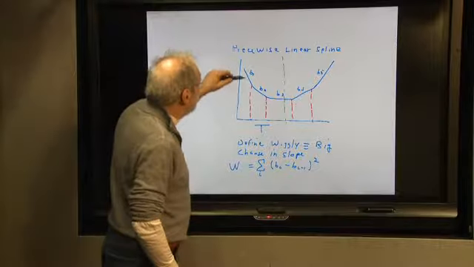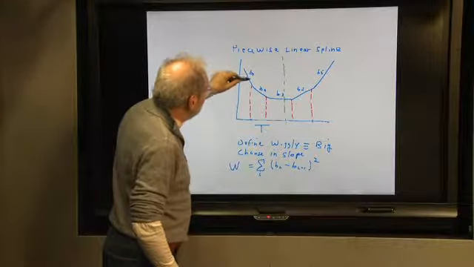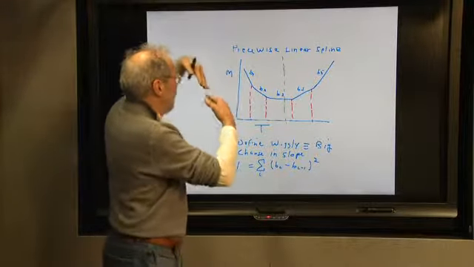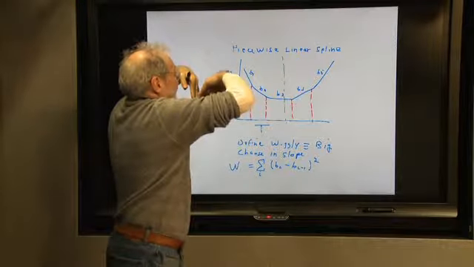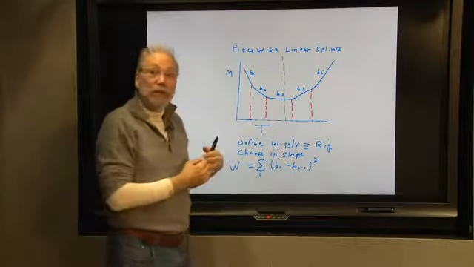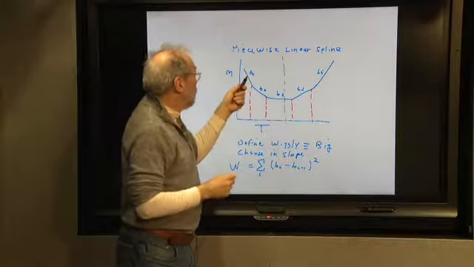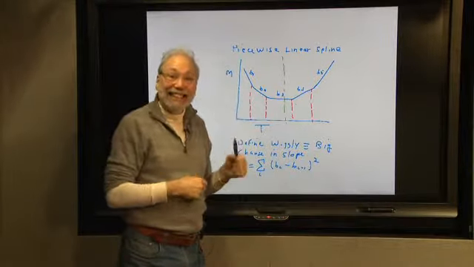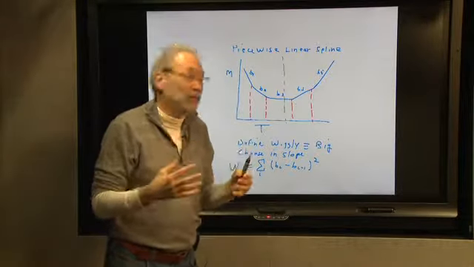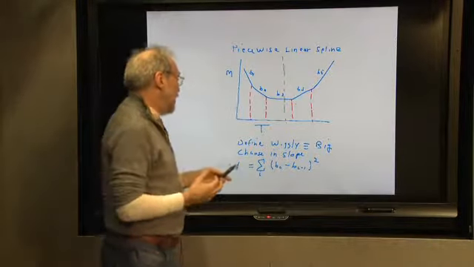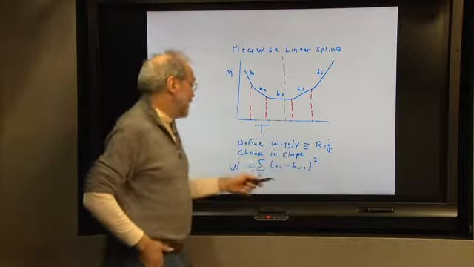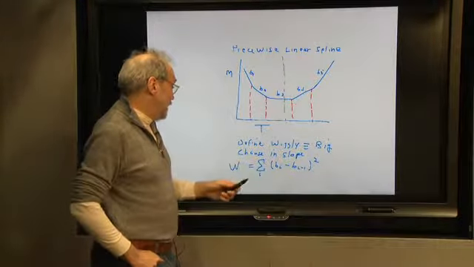Well, the bigger the difference is between B1 and B2, right? It's like this. If it was like that, then the curve would be more wiggly. So the bigger the difference between one coefficient and the next, the more wiggly the curve is. So I can define wiggliness to be a big change in the slope.